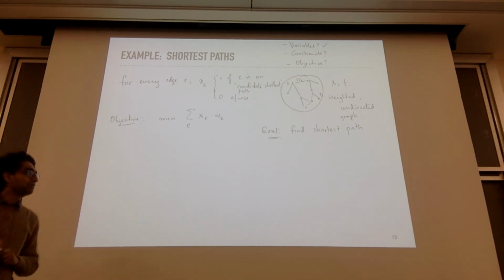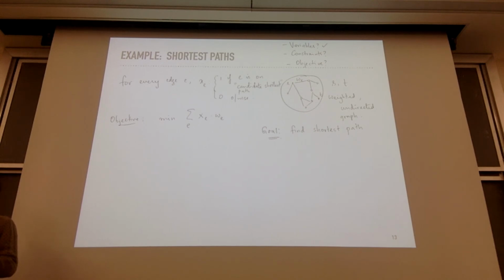So now comes the tricky part: what are the constraints? We want any feasible solution to actually correspond to some path. For example, if this is your S and this is your T, you don't want this edge to have x_e value 0, this 1, this 0, this 0, this 1, this 0, this 1.